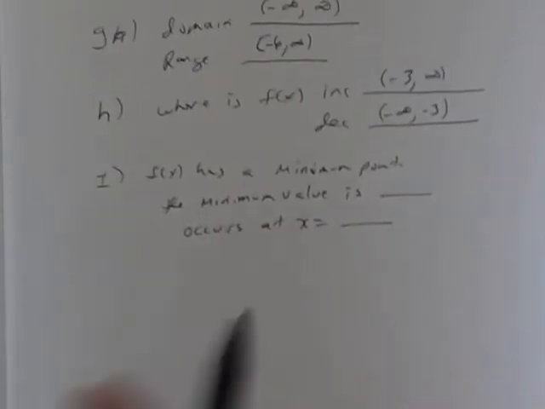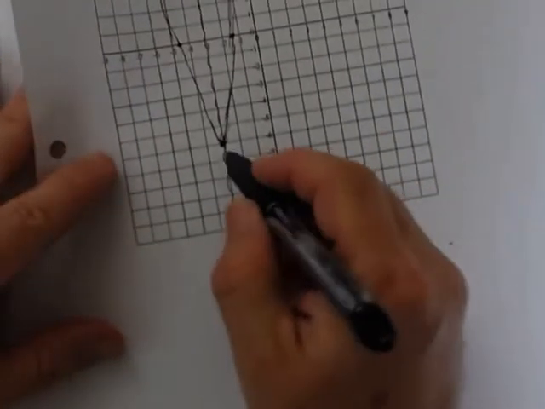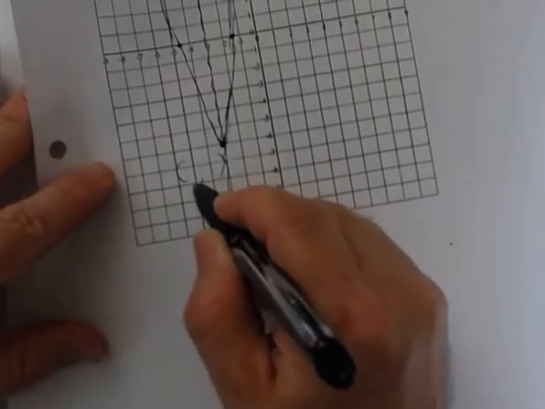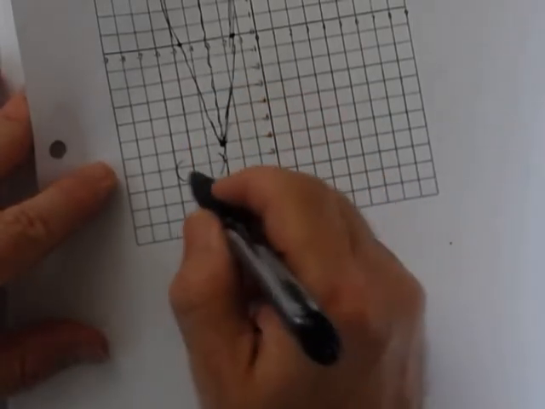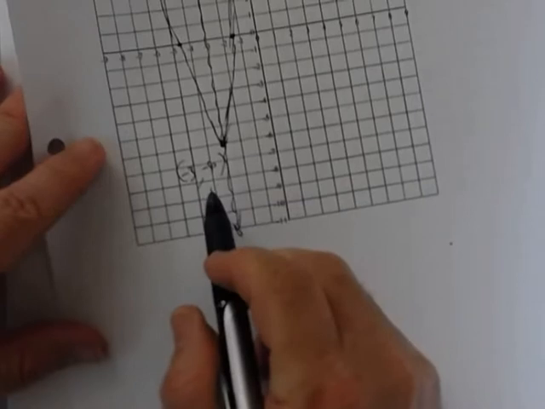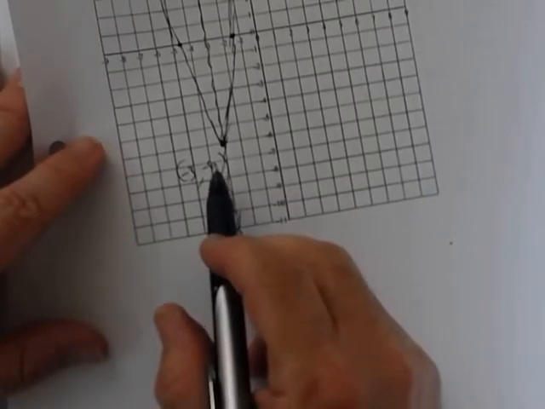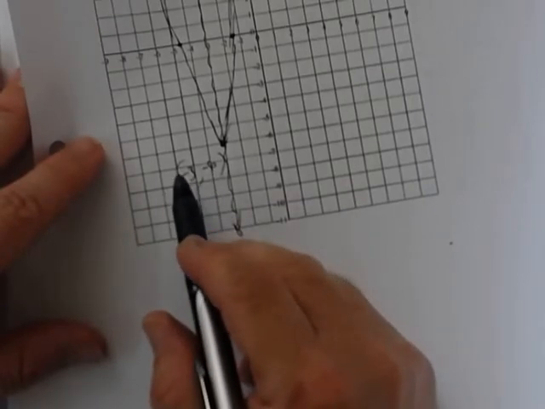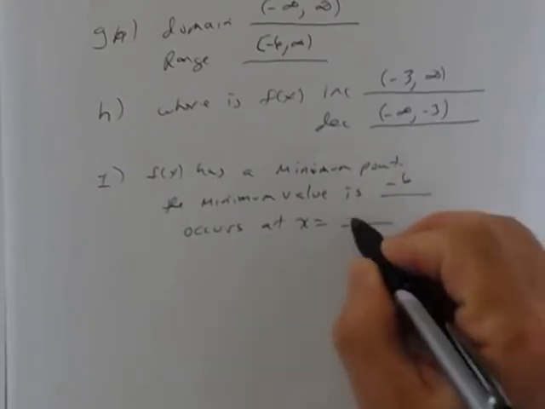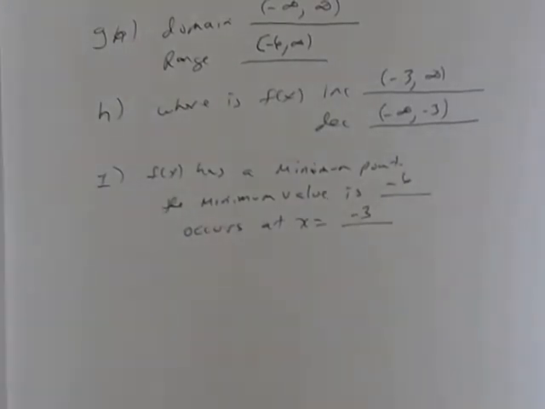So what's the minimum value? So if you label the point at the vertex, what's that vertex? -3, -6. So what's the minimum value? And it occurs at x is what? All right, so that was happening very quick. Once you do the first one, the rest is easy.